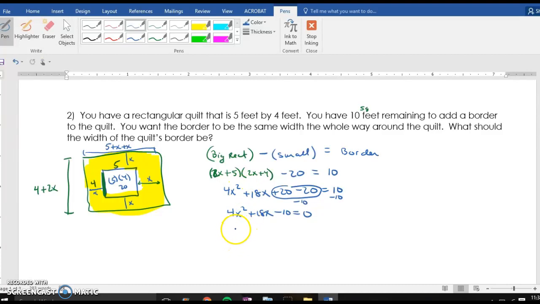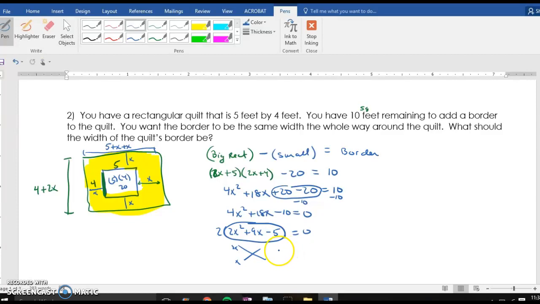Now, when I factor this, first I'm going to start with the GCF. So I get 2 times 2x squared plus 9x minus 5. But now I'm only going to focus on factoring this. When I factor this, what numbers multiply to give me 2x squared? So 2x and x. And how about negative 5?